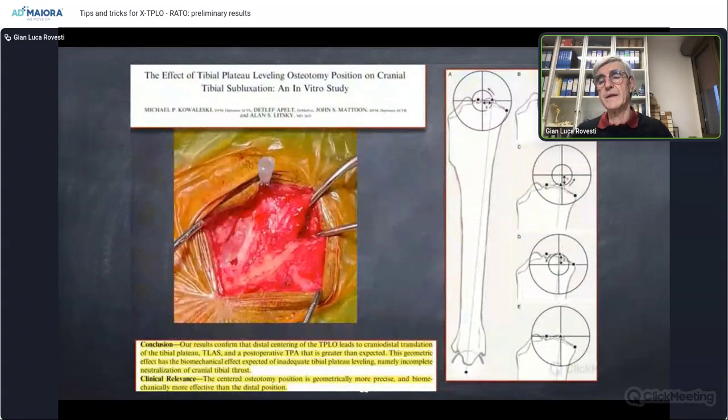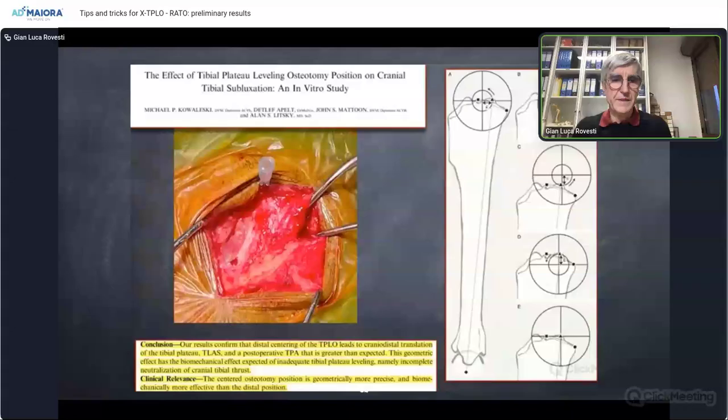Based on the studies by Mike Kowaleski, and this I think is the most famous study that he published about the center of rotation of the stifle based on the CORA concept, we should assume that the center of rotation of the stifle is at the top of the tibial spines, the tibial eminences.